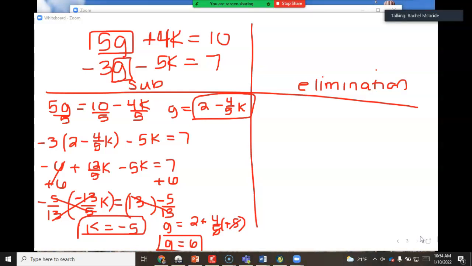You could also use elimination. So to eliminate, maybe I eliminate the g's. So I'm going to multiply the top by 3 and the bottom by 5.